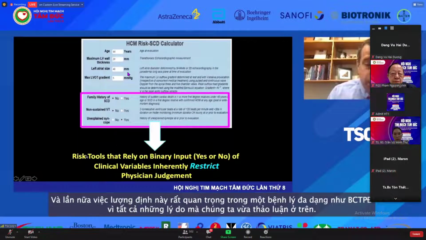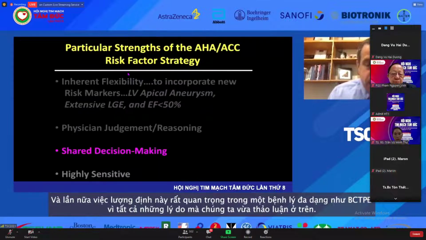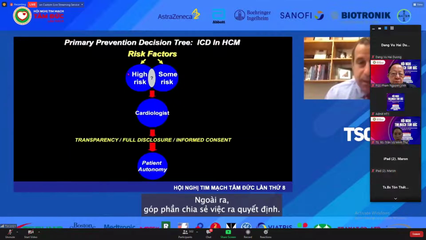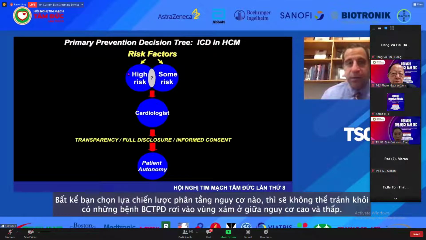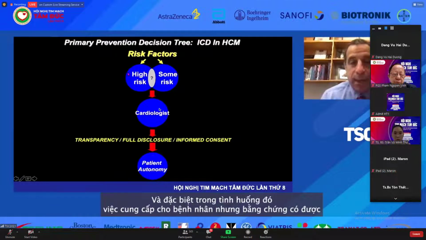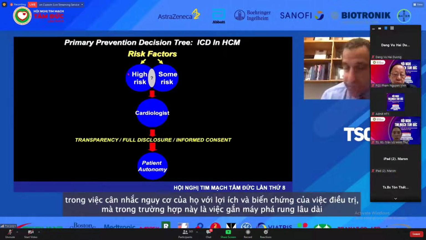Again, this is so important in a heterogeneous disease like HCM, for all the reasons we just discussed. In addition, shared decision-making. Regardless of whatever risk stratification strategy one chooses, there will inevitably be HCM patients that fall into a gray area, somewhere between high and low risk. In that situation in particular, engaging patients with the available evidence on what their risk may be, balanced, of course, with the benefits and complications of treatment, in this case long-term device therapy, is really critical.